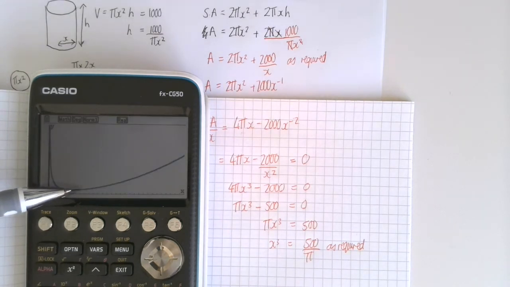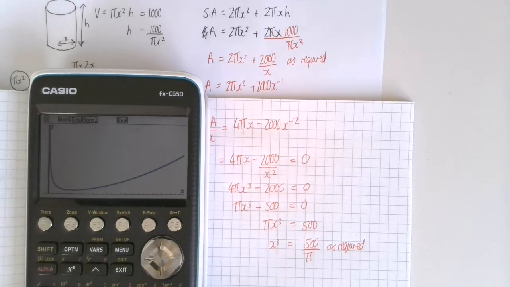This is the size of cylinder which is going to need, this is surface area, remember, the least material to make it. If it's a tin, made out of metal, then this is the minimum amount of metal you're going to need. So you want to design your container, your cylinder, so that you've got a radius around here, so you're using as little material as possible. That's going to be cheaper for you, isn't it?